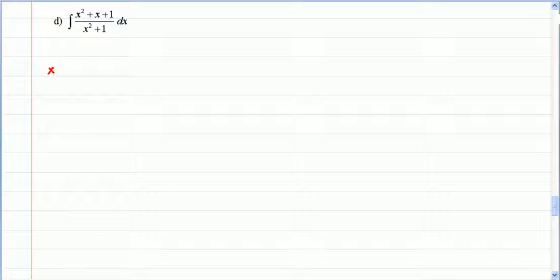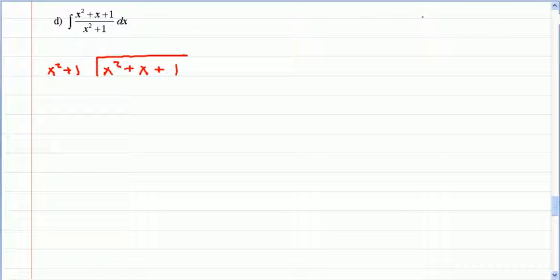So first I'm going to use long division on x squared plus 1, and then x squared plus x plus 1, and I take the first term, x squared over x squared is equal to 1, so a 1 goes on top, and it gets multiplied by x squared, and then 1 times 1 is 1, so I'm going to place it underneath the 1 so that my terms are lined up.